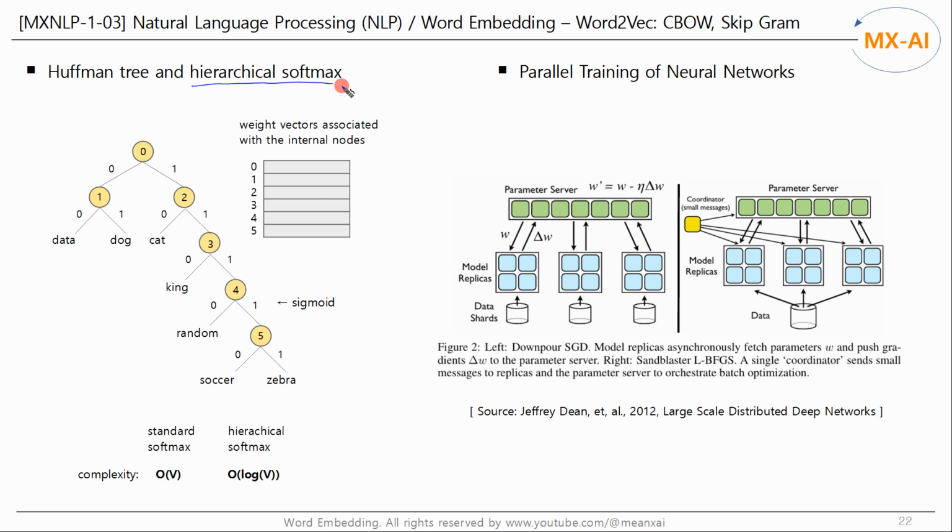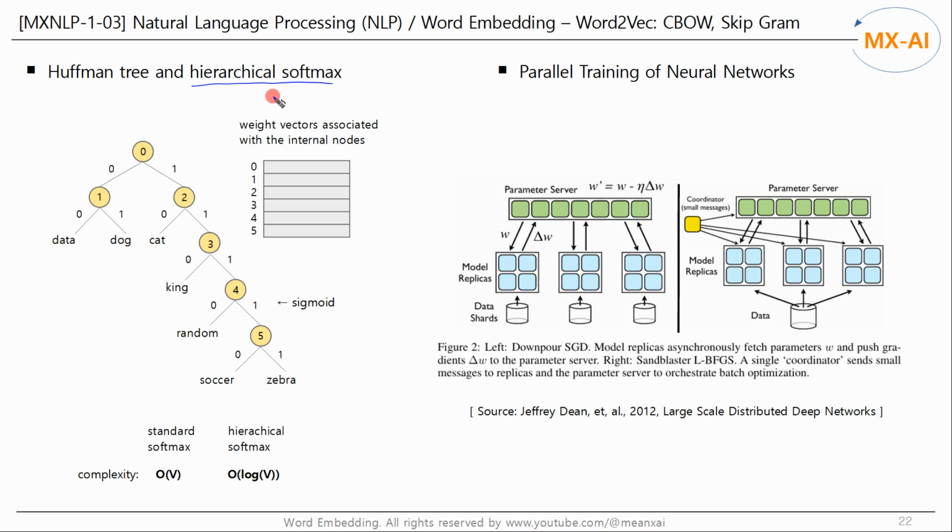The softmax function incurs a significant computational cost in neural networks with a large vocabulary, because its computation time is directly proportional to the size of the vocabulary, often becoming the primary performance bottleneck. One way to solve this problem is to use hierarchical softmax.